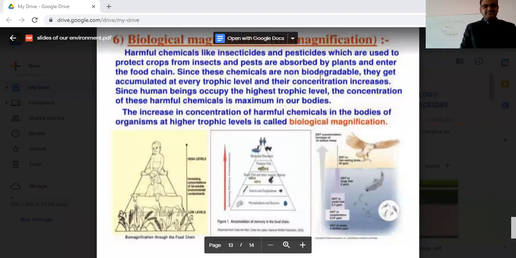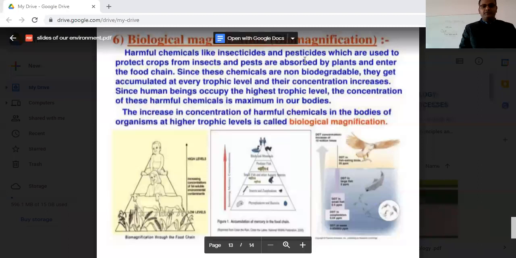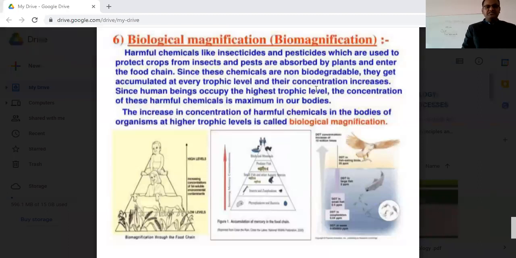DDT is an insecticide which was used to protect crops from insects. The full form of DDT is dichloro-diphenyl-trichloroethane. Now, what was the problem of using this insecticide?